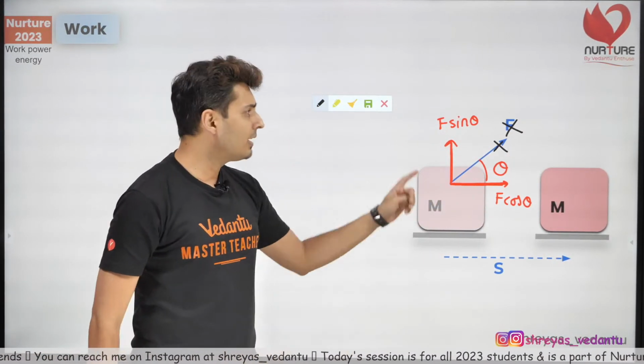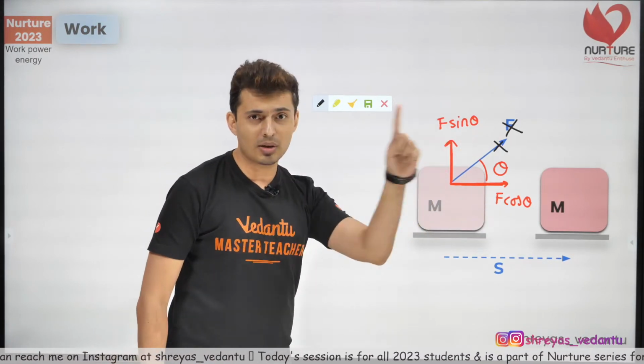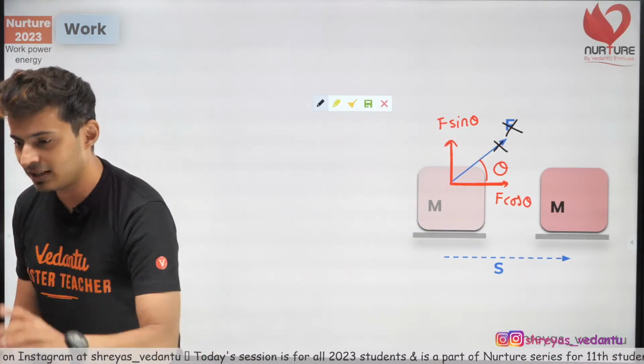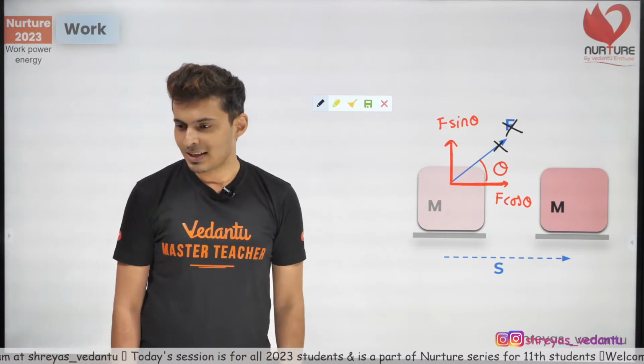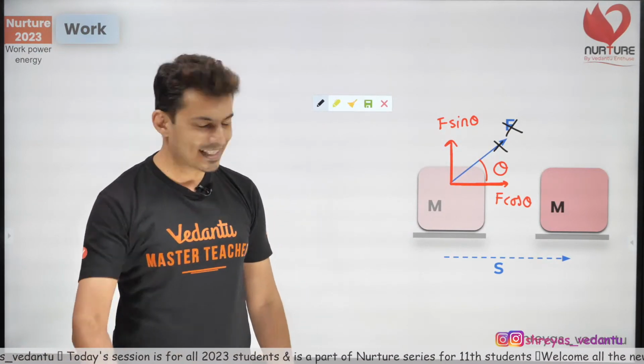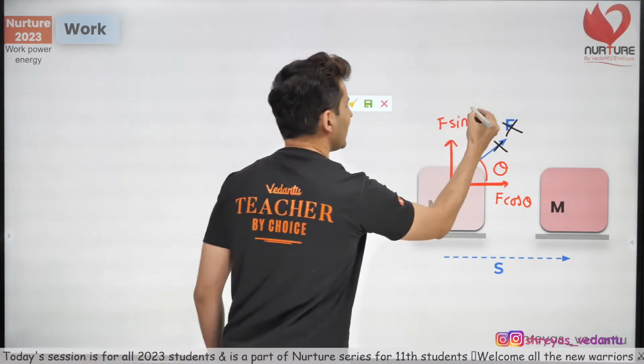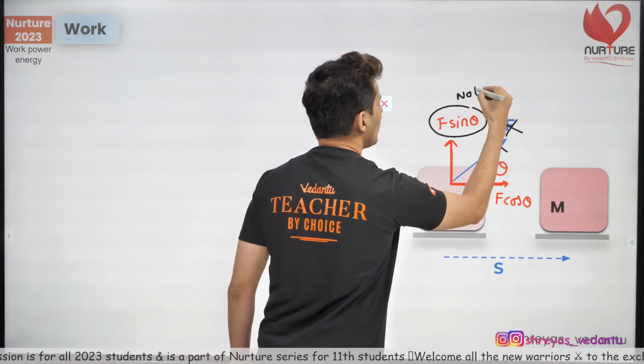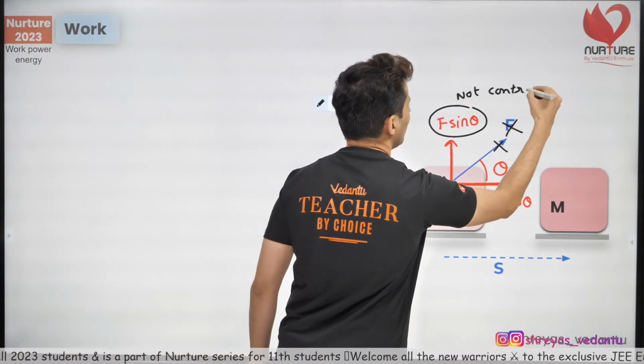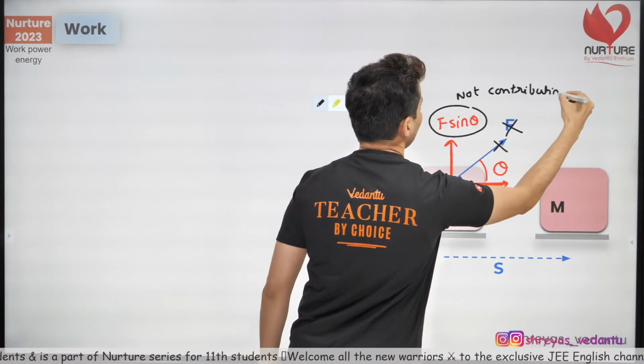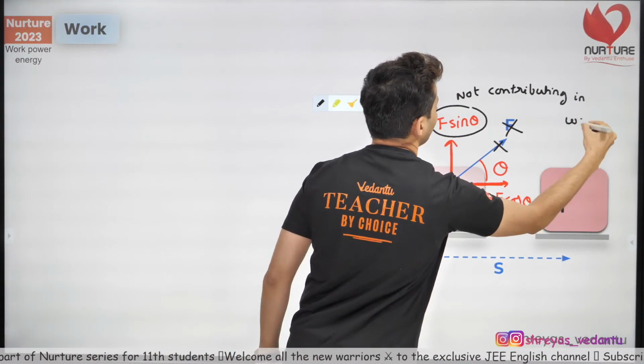Come on, quickly tell me, who is doing work, F cos or F sin? Okay, Saja already said that. F cos theta. Yes, F cos theta. Yes, correct. So, this is not contributing in the work.